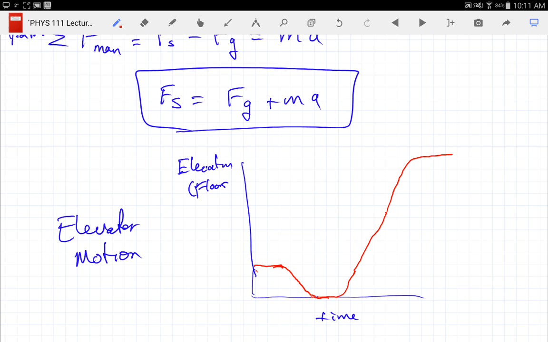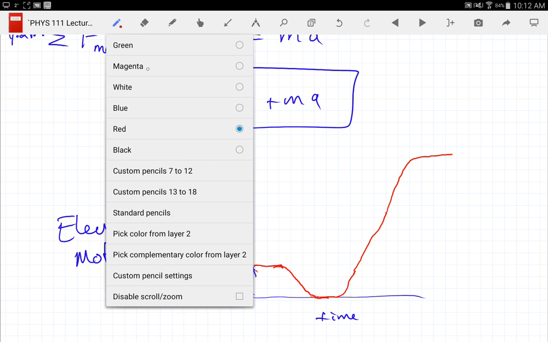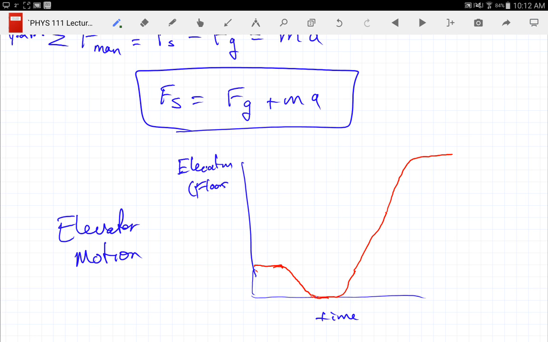So in this picture, when was the elevator accelerating downward? What'd you say, Rachel?